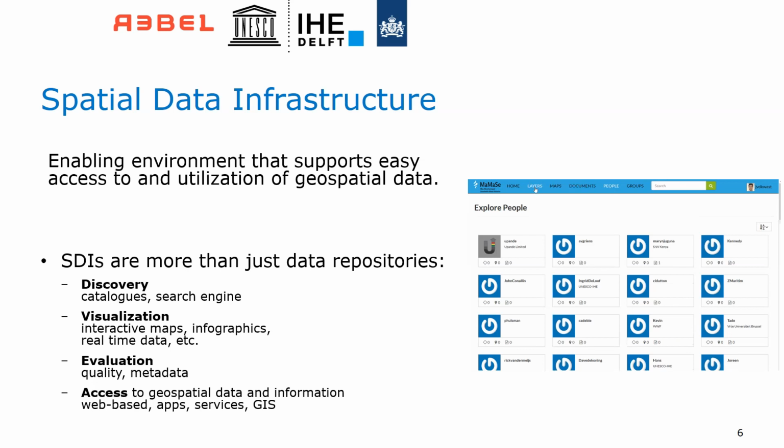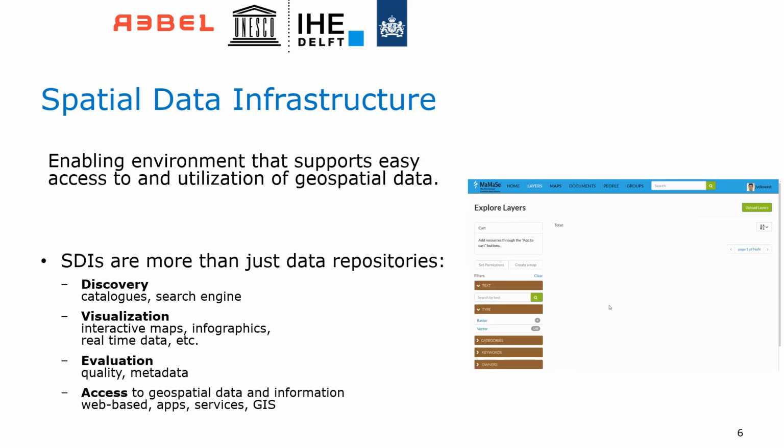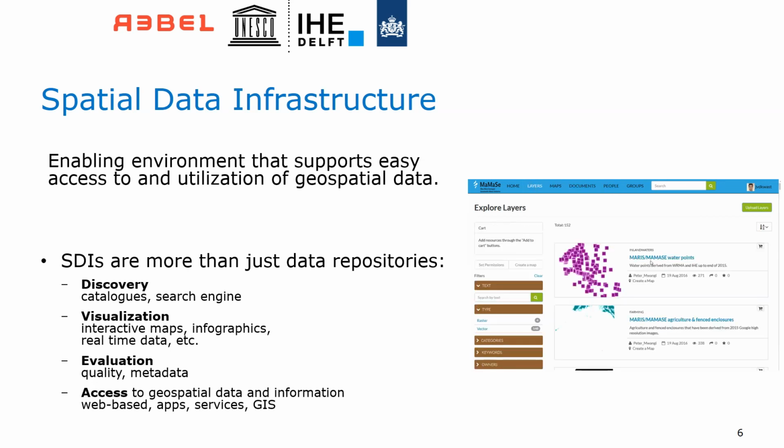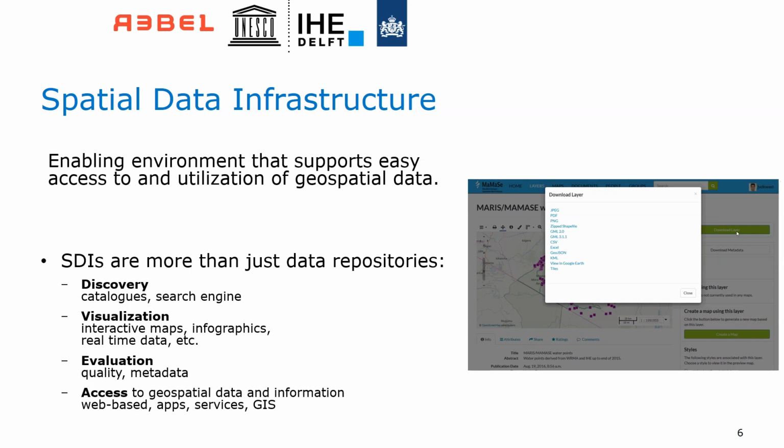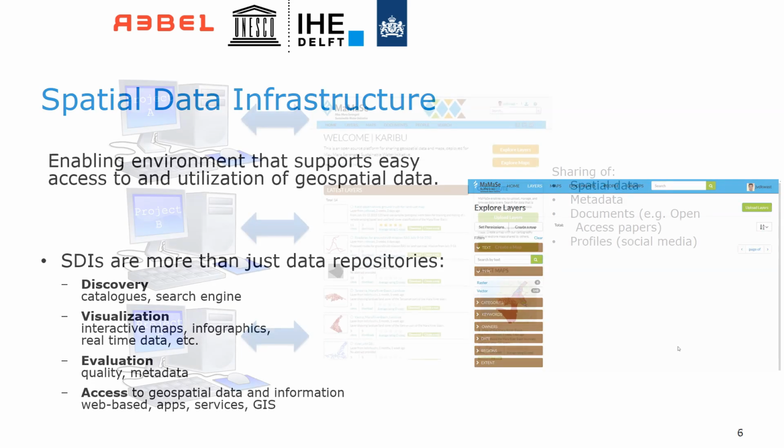We can gather people from projects and give them access to specific data, and we can search for different layers that we can query or download, or also link to with web services or apps or GIS software. So it's very flexible and should facilitate many different types of users to access the data.